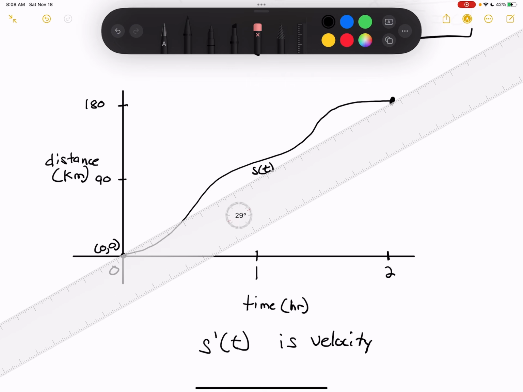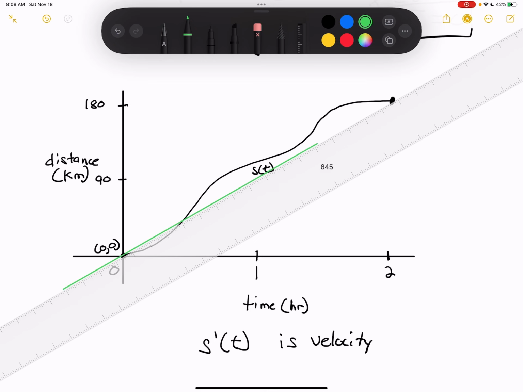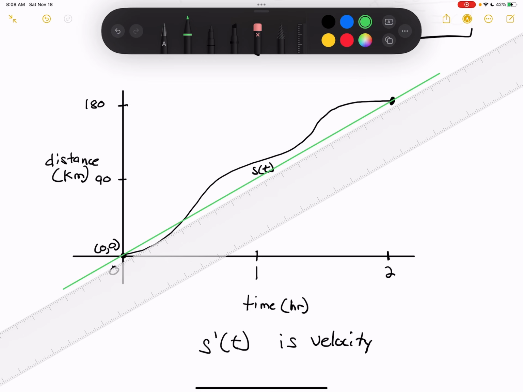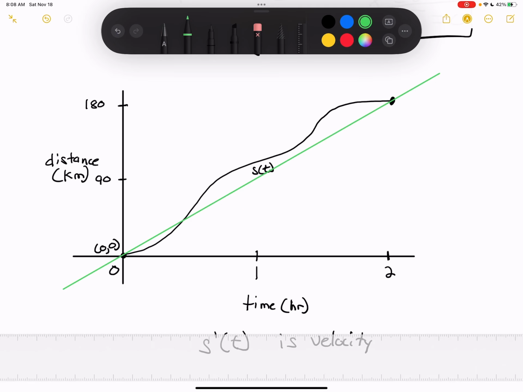That will give you average velocity over the whole 2 hours. So let's do that here. And we can see here that the average velocity is the slope of the secant line.